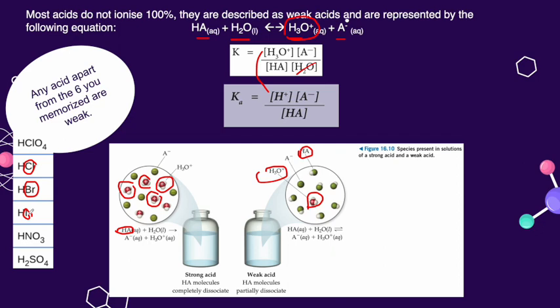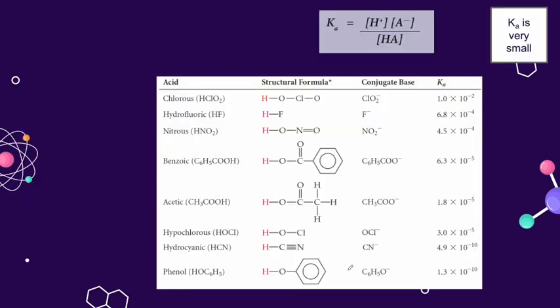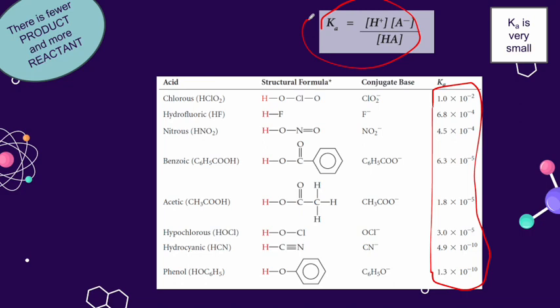Okay, let's move here. Let's look at a number of weak acids. We don't have to memorize this, but I want you to notice how all of them have very small Ka values, all of these over here. All of them have a 10 to the negative power, which is telling us that in this format, as an equation, our products are extremely small, and therefore we're getting a very small Ka value. There are fewer products and more reactants.